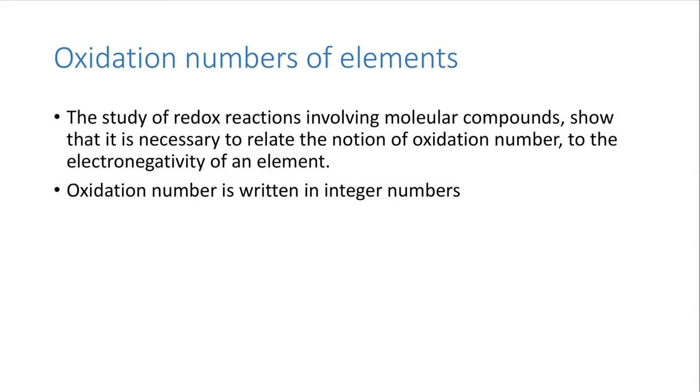As I mentioned in the introduction, if we have Cr2O7 2- becoming Cr3+, how can we notice if the chromium gained or lost electrons?